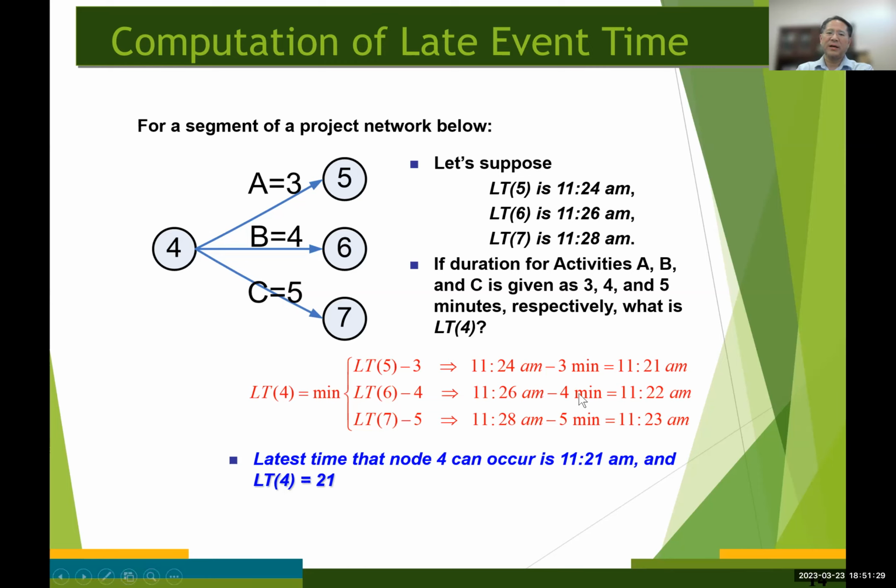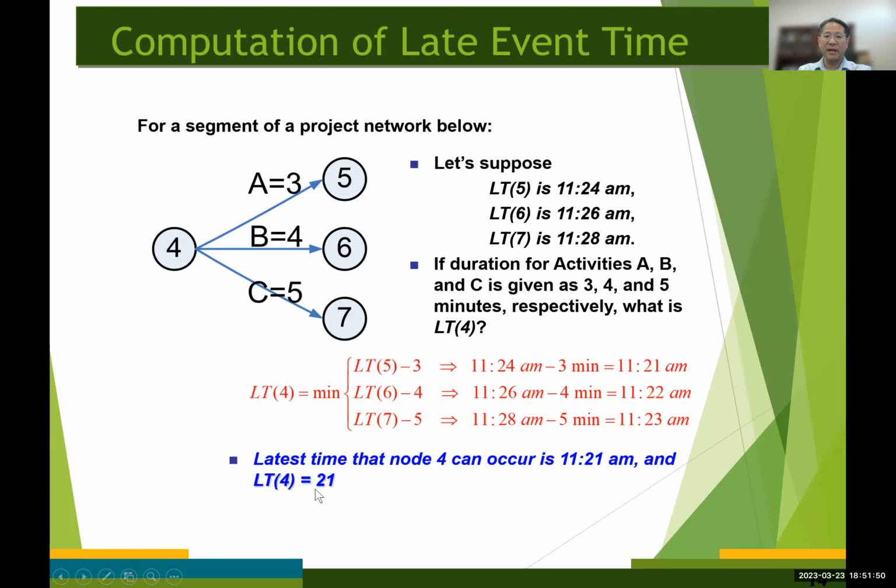So the latest time at which event number 4 can occur has to be 11:21 a.m., which is the smallest value among these 3 different options, okay?